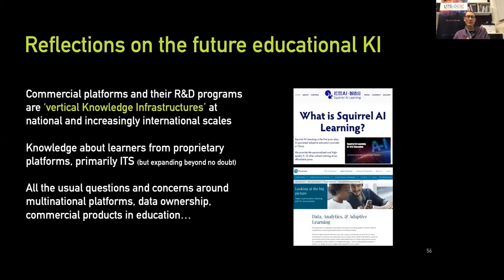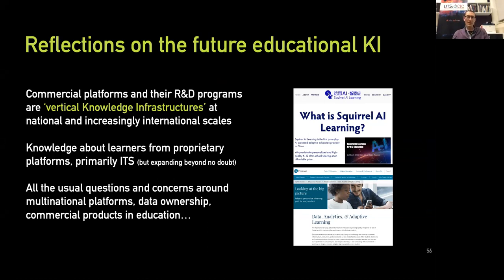I don't think we can talk about the future knowledge infrastructure without talking about the increasingly influential roles that large multinationals are playing. They are innovating at an astonishing rate, building data sets of grand scale. They're building knowledge about learners, albeit from just their proprietary platforms. They only have a very particular lens they can look through.